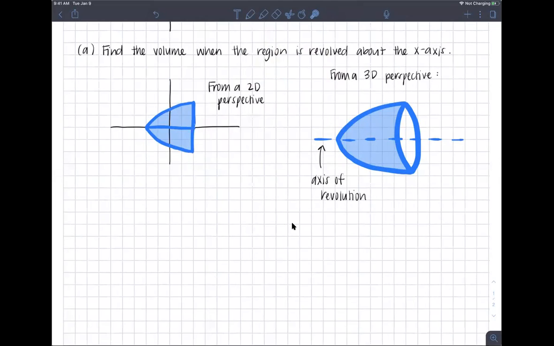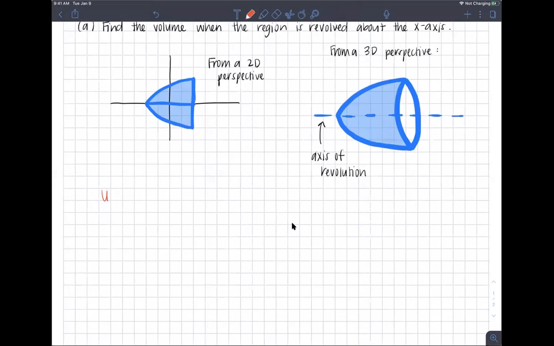They just took a slice out of it and they picked that up and they brought it out of the graph, right? And so that's what we're going to be doing. That's called a cross section. And so here we're going to use cross sections perpendicular to the axis of revolution.